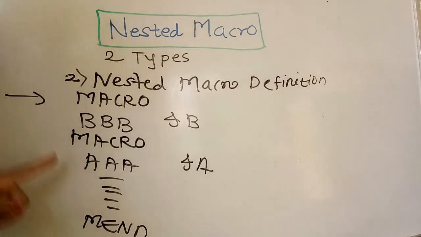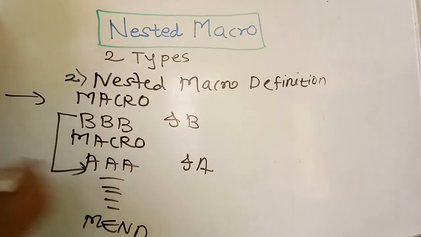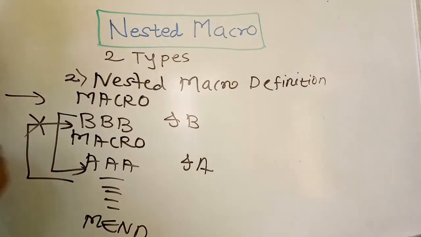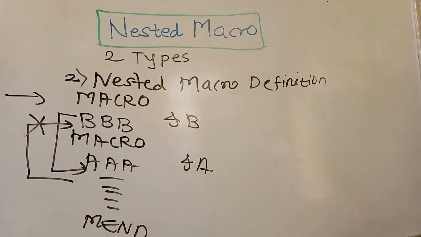Only the outer macro can call the inner macro, meaning B has permission to call A, but A does not have permission to call B because it is defined inside B. The inner macro should not be accessible to the outside environment of the outer macro. So these are the different types of macros available with the macro processor. In the next few videos, we will see different advanced features associated with the different macro types. Thank you so much.